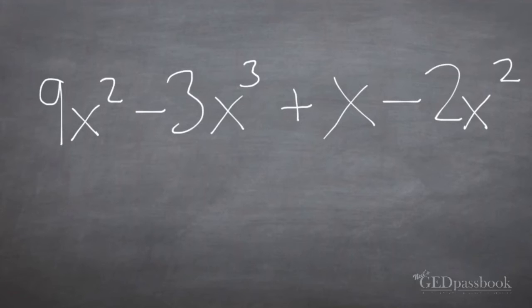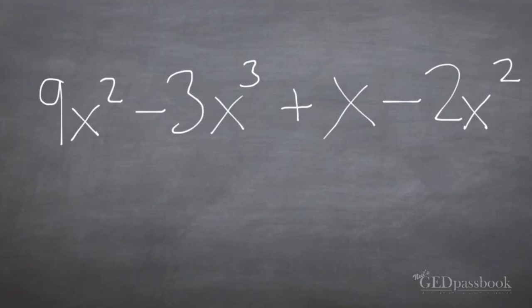So we got this problem here. Let's combine like terms, right? What do you got to do? You got to first identify what are the like terms, which is what we just learned 2 seconds ago. How do you identify what are like terms? I like using shapes, you guys, and I want you to use shapes.